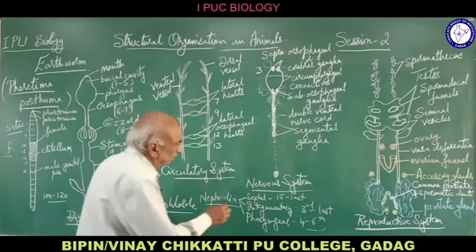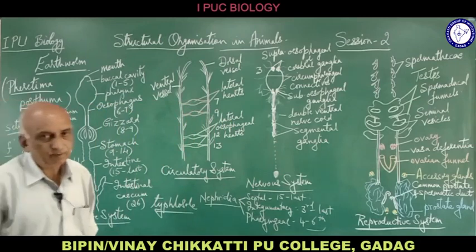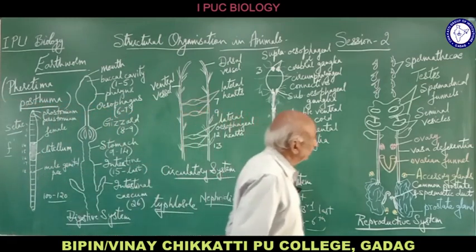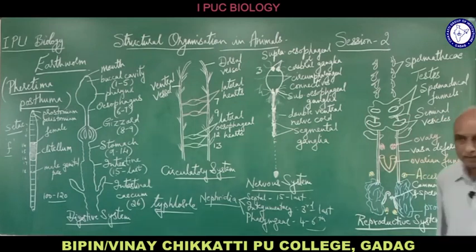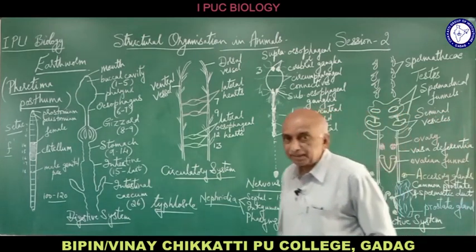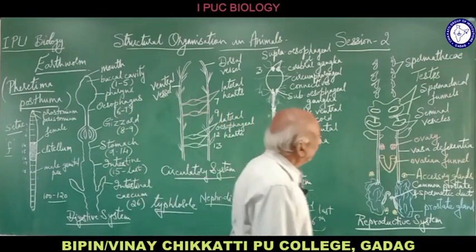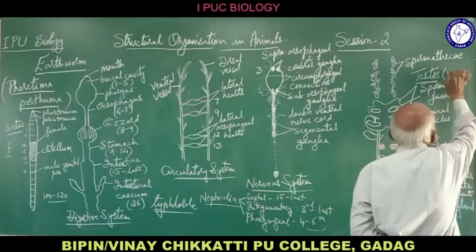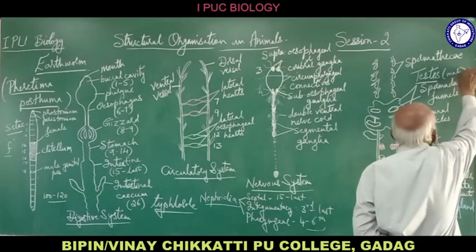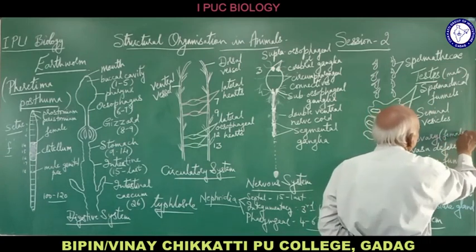And coming to the next, the reproductive system of earthworm. Now the earthworm is hermaphrodite, that means bisexual. The testis is the male reproductive organ, the ovary is the female reproductive organ.